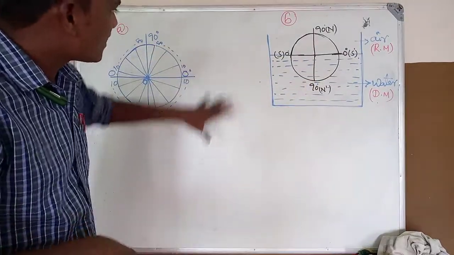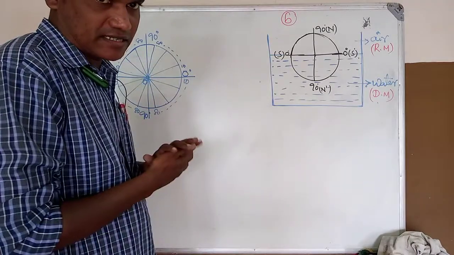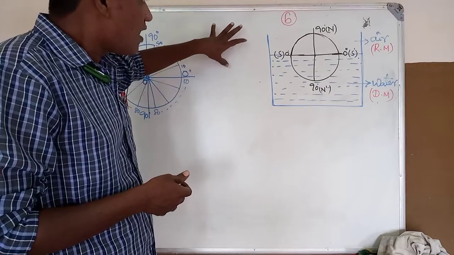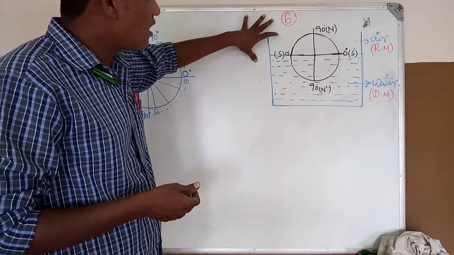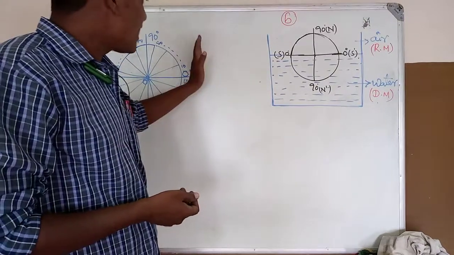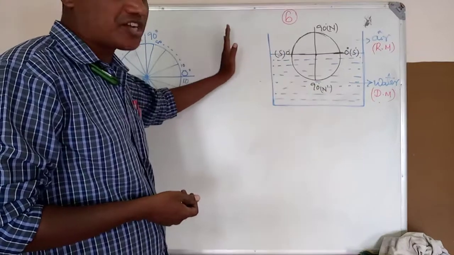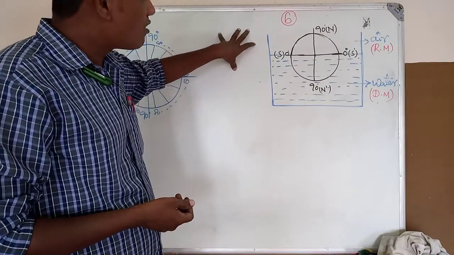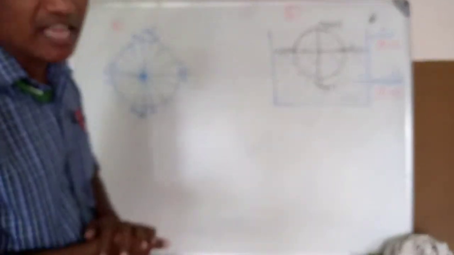So to conduct this experiment, which experiment? The angle of incidence in the denser medium is lesser than the angle of refraction in the rarer medium, or the angle of refraction in the rarer medium is always greater than the angle of incidence in the denser medium.